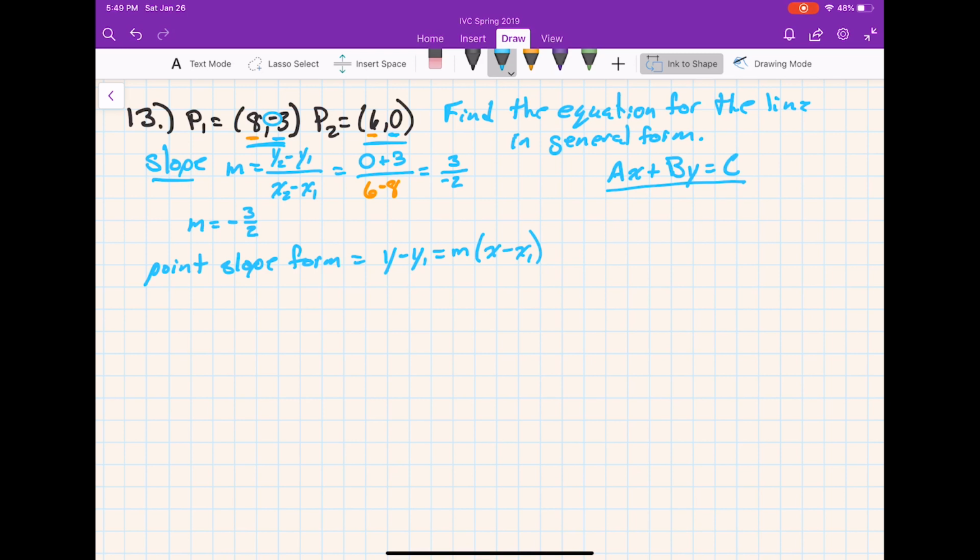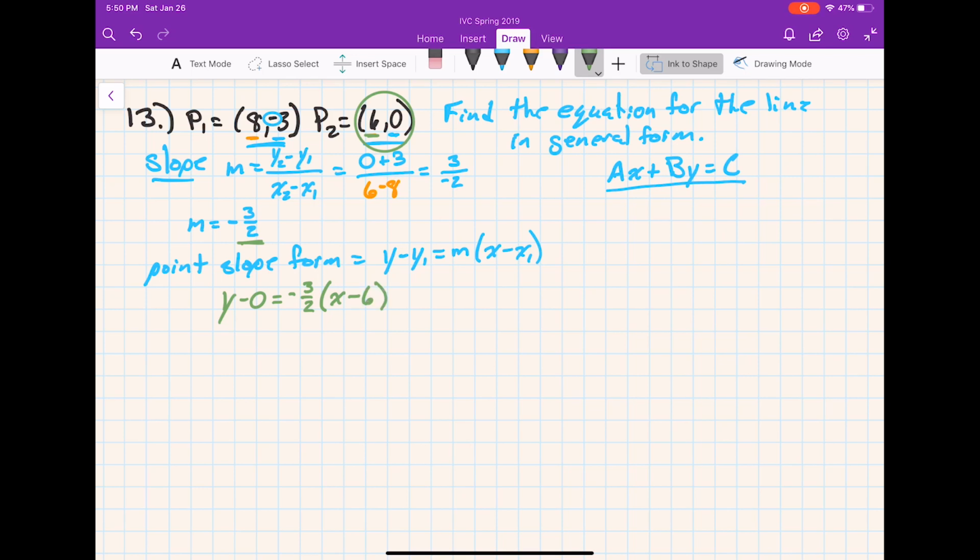But I'll just use this point just for fun. I know it's our point 2, but we'll do that one. y minus 0 is equal to our slope, which is negative 3/2, times the quantity x minus 6. There's 6 from up here, so there you go.